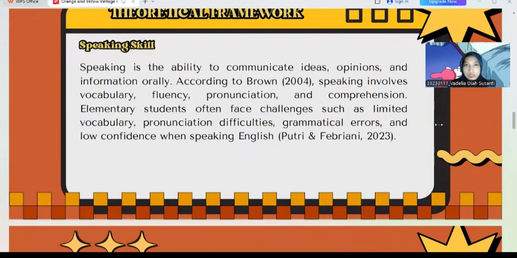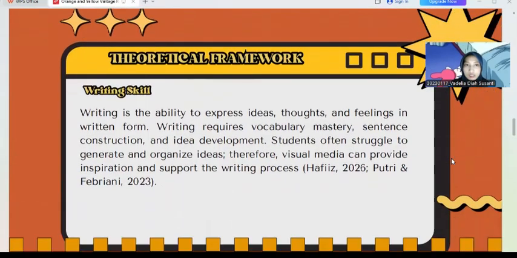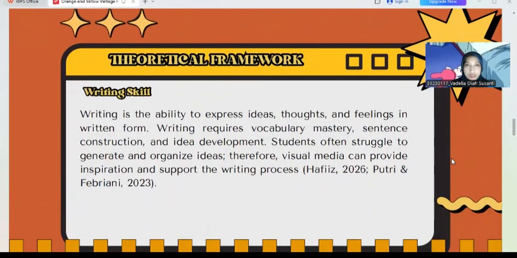And the next is writing skill. Writing skill is the ability to express ideas through writing effectively. To write, students need vocabulary, good sentences, and the ability to organize ideas.